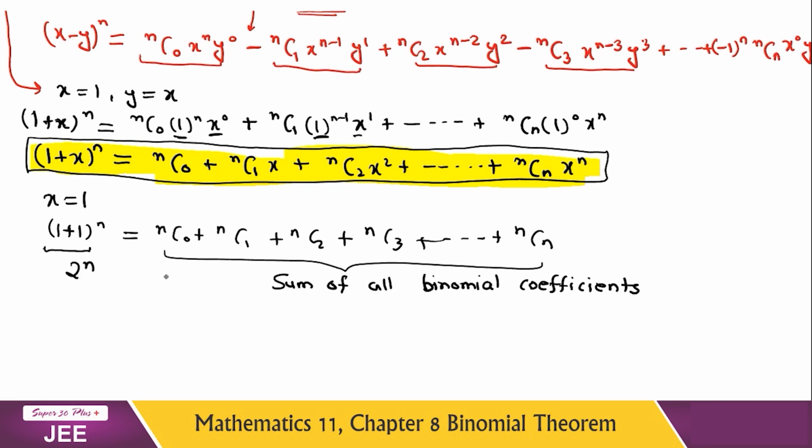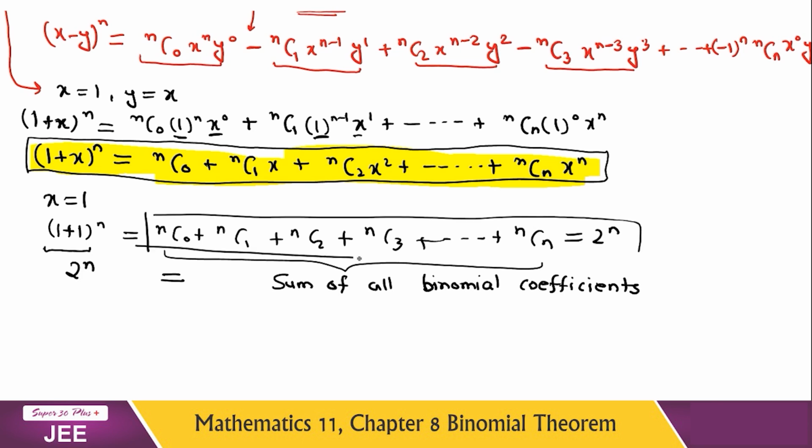So the sum of all the binomial coefficients is equal to 2^n. And in terms of summation, I can write it down as sigma. I had told you about summation in an earlier class. Sigma nCr, because the lower subscript is varying, it is the variable, so I have written r over here.